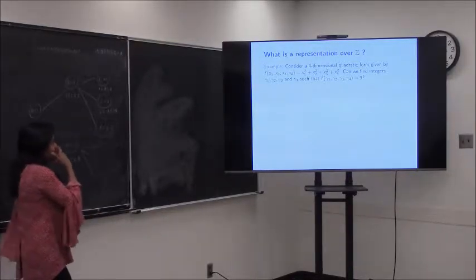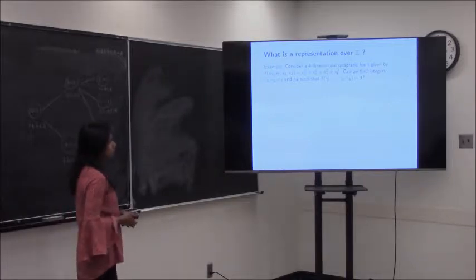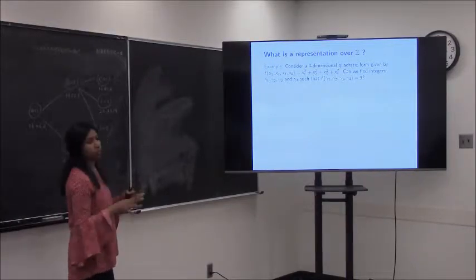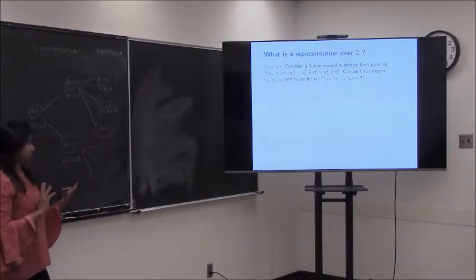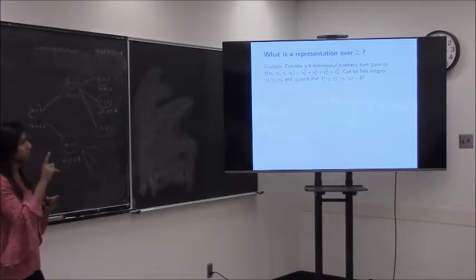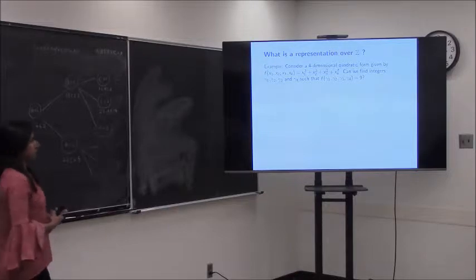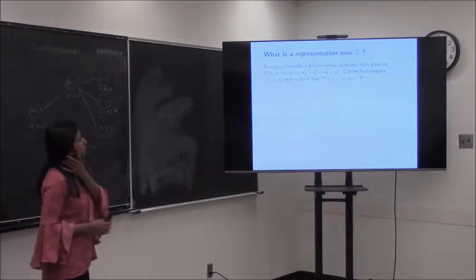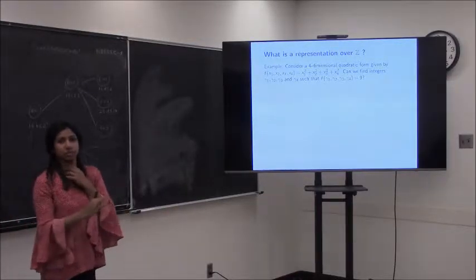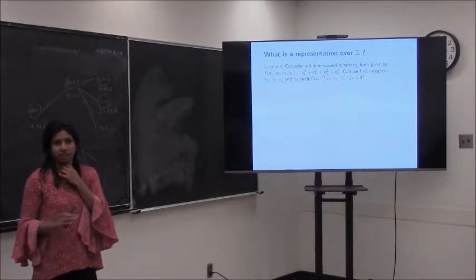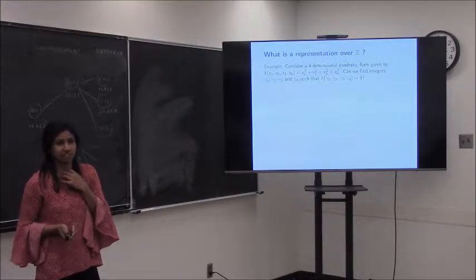Suppose we have a 4-dimensional quadratic form given by the sum of 4 integer squares, x1 squared up to x4 squared. Can we find integers gamma 1 to gamma 4 such that f of these integers equals 9?